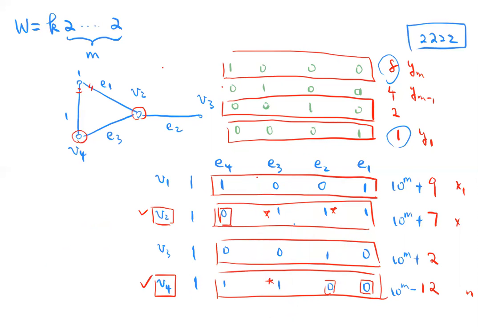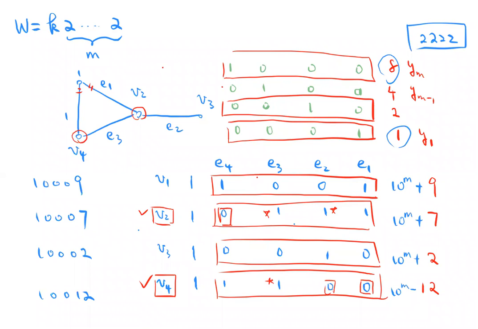Okay, so the actual numbers we construct for these 4 columns will be 10009, 10007, 10002 and then 10012.